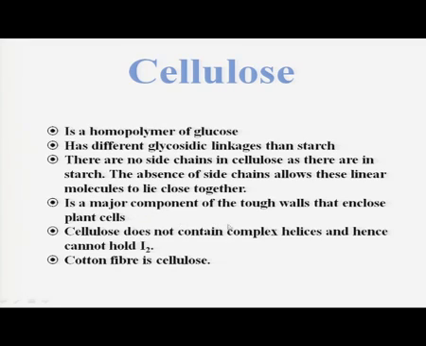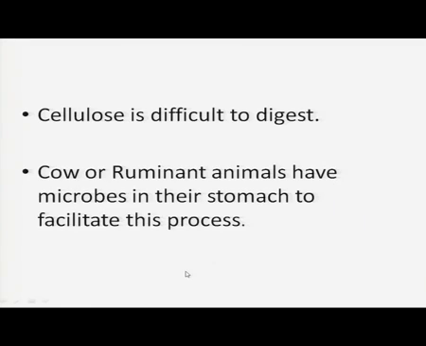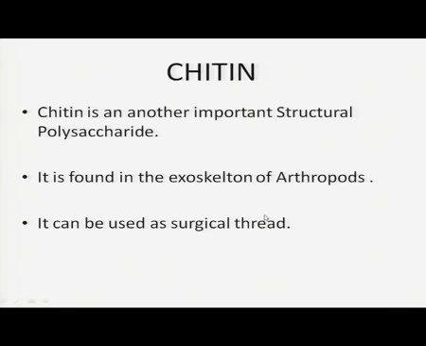It is the major component of the tough wall that encloses the plant cell. So, the plant cell wall is mainly made of cellulose. Cellulose does not contain complex helices, hence cannot hold iodine. Cotton fiber is an example of cellulose. Cellulose is difficult to digest. Cows and ruminant animals have microbes in their stomach to facilitate this process.